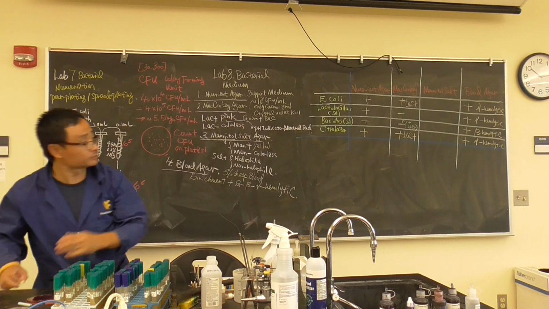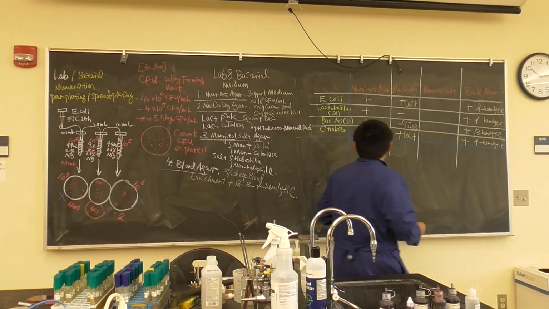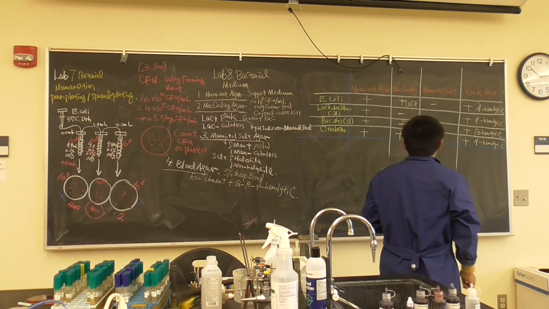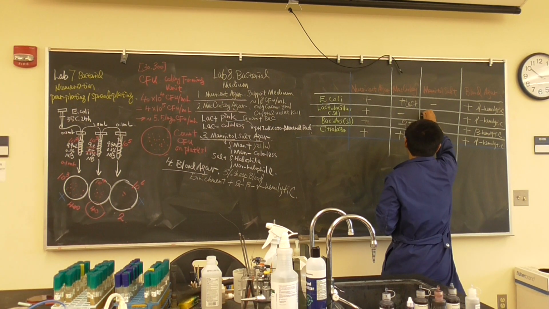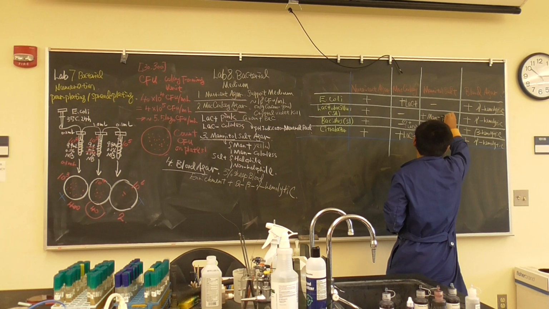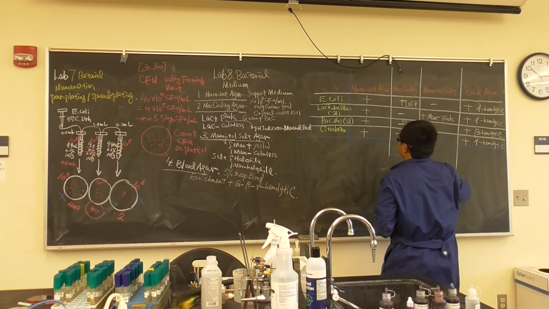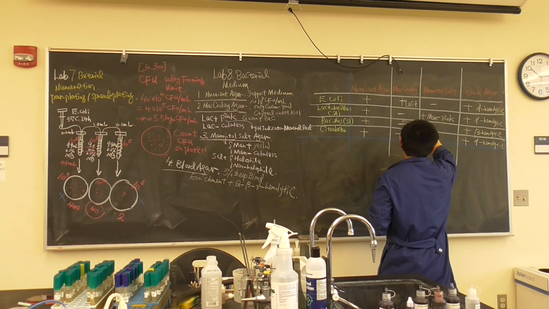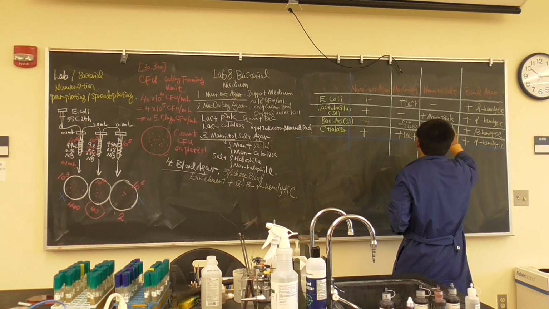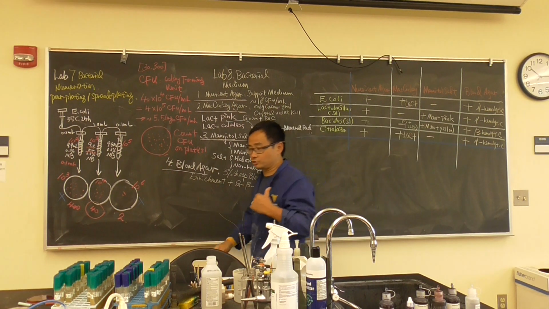So what happened? In the mannitol salt agar, this does not grow, this does not grow. Lactobacillus grows, but it is mannitol fermentation negative, so it is pink. And Bacillus subtilis grows, mannitol fermentation positive, so it is yellow color. This is your results table.